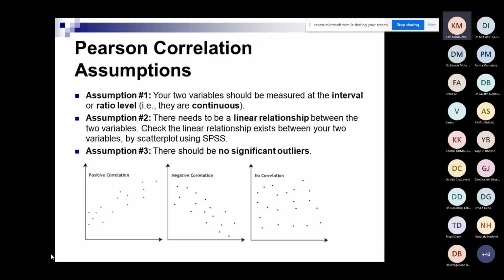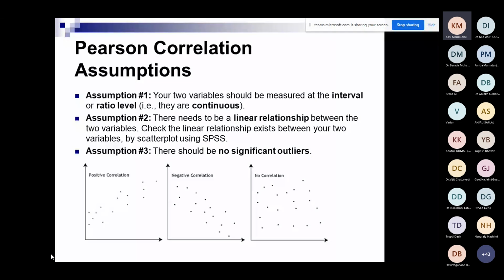Assumption number 3, there should be no significant outliers. What do you mean by outlier? Unusual value, unusual data. An outlier can be due to a typo error, or you mistakenly entered the data, or by nature it may occur. As a researcher, you need to decide whether to include the outlier or not.